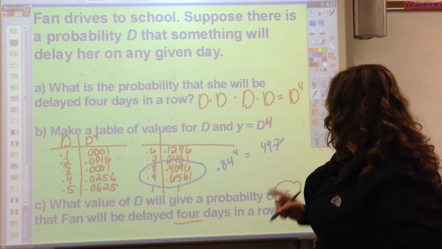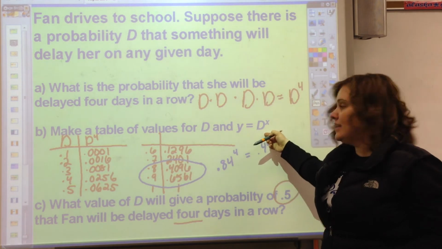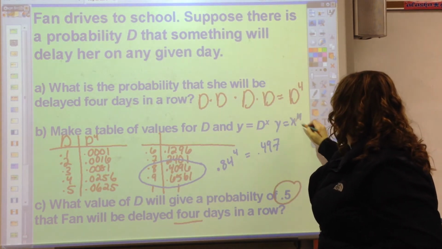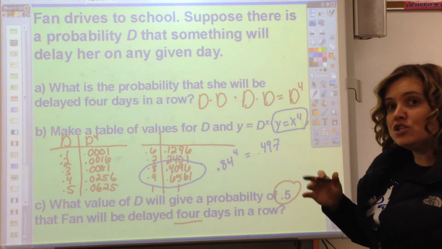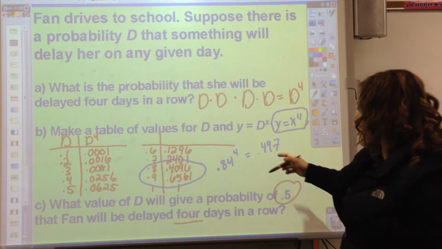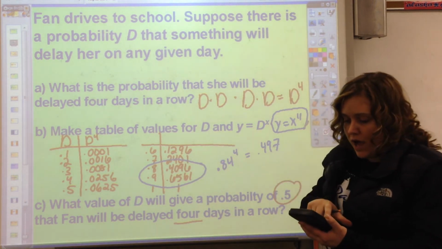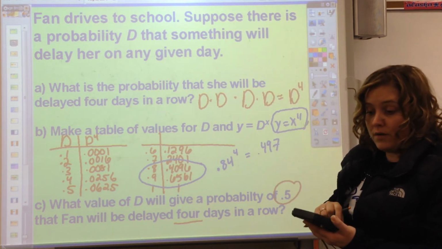Now, if you wanted to do that on your own, you would go to your y equals editor and enter in x to the power of 4. Go to your table and set your change at 0.01 and have it start here and end here. So I would go to y equals editor and plug in x to the power of 4.